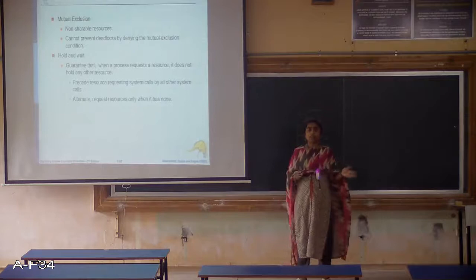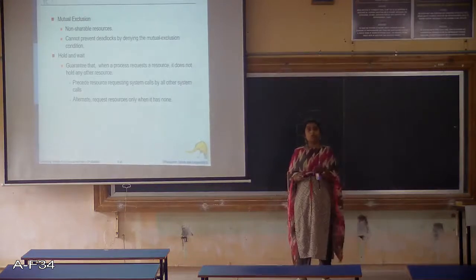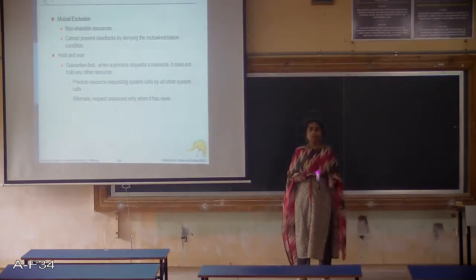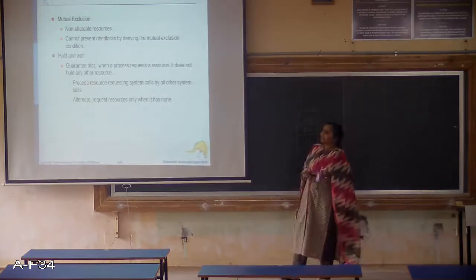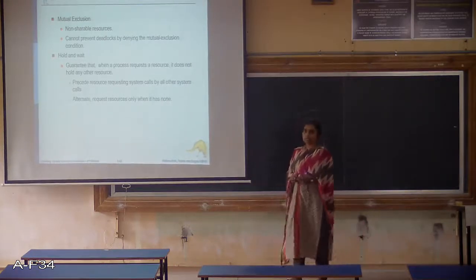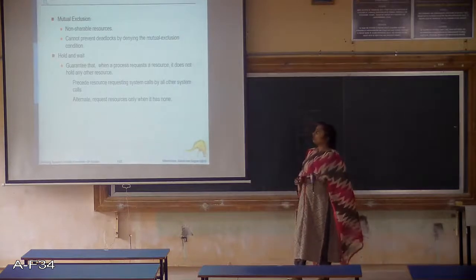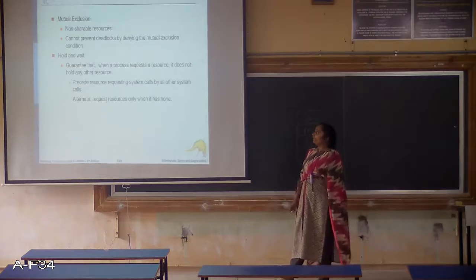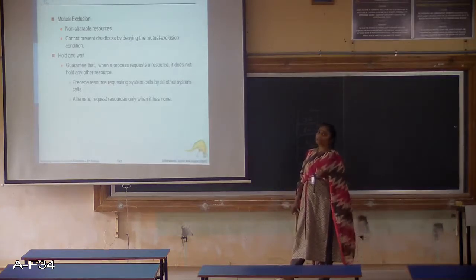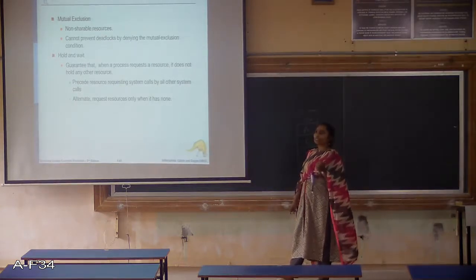When this printing is over, only then will the next print order be taken by the printer. So that is what is non-shareable. If there are shareable resources, of course you can share them, but if you have non-shareable resources, then it is difficult to prevent deadlocks by defining a mutual exclusion condition for this.